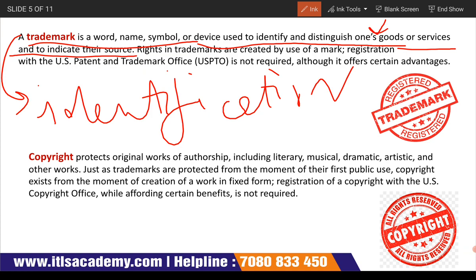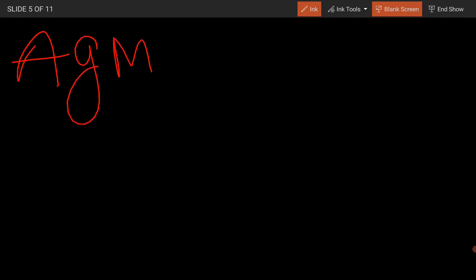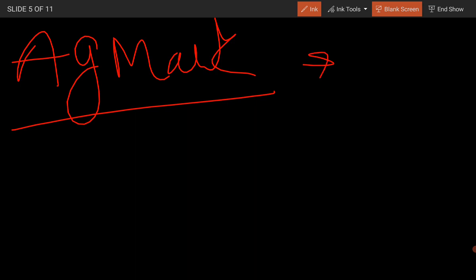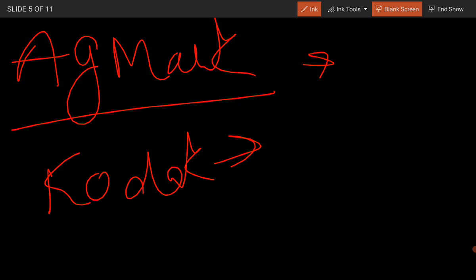For example, AG Mark for food products, Kodak for photography goods, IBM for computers. You must be aware of the AG Mark, which is for food products. Second is Kodak for photography, and third is IBM.